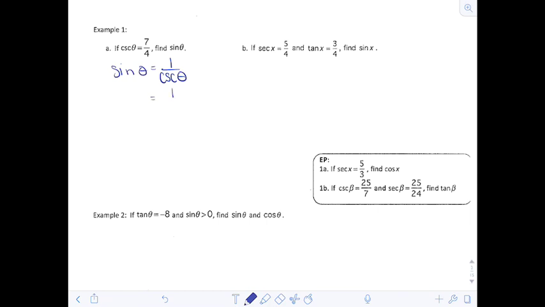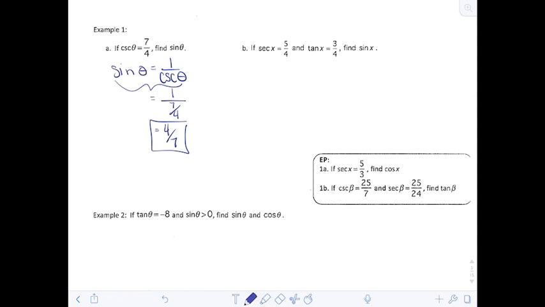So I know that that's 1 over, the cosecant is 7 over 4, and 1 divided by 7 over 4 is the same as 4/7. So we're seeing that reciprocal identity come into play. But yes, if the cosecant of theta is 7/4, you know that the sine of theta is just the reciprocal, 4/7.